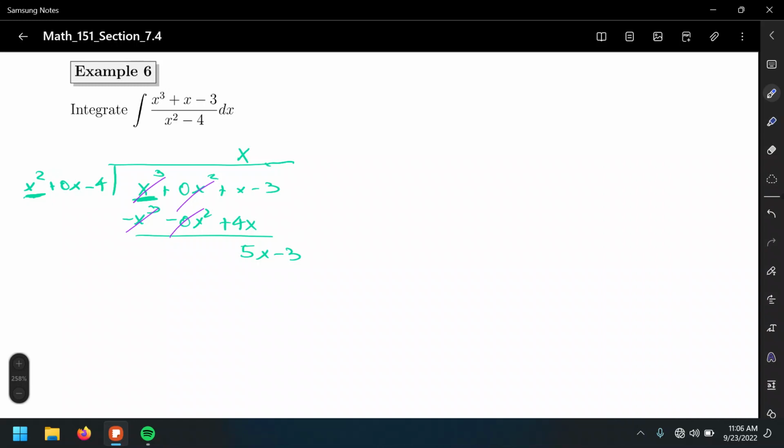So we may go back to the integral and write this rational expression using our information from the polynomial long division in the form of quotient plus remainder over divisor. Coming back to the division, that's quotient plus remainder over divisor, and we write it as a mixed fraction, like when we did it with numbers.